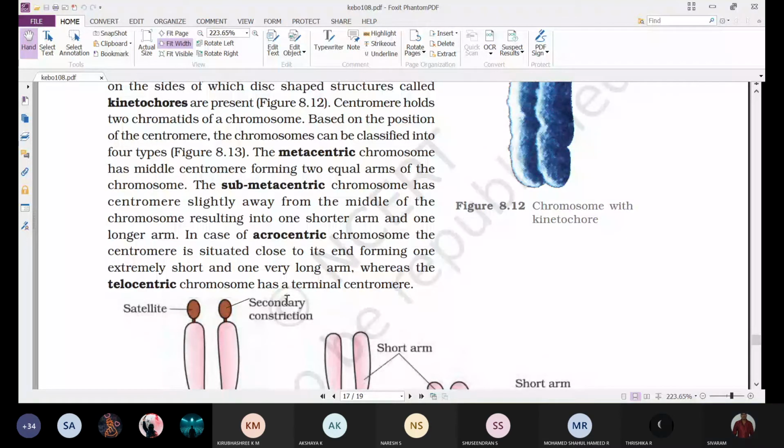As the centromere is present slightly away from the center of the chromosome, we'll find one larger arm and one shorter arm. Such a type of chromosome is submetacentric. So the submetacentric chromosome has the centromere slightly away from the middle of the chromosome, resulting in one shorter arm and one longer arm.